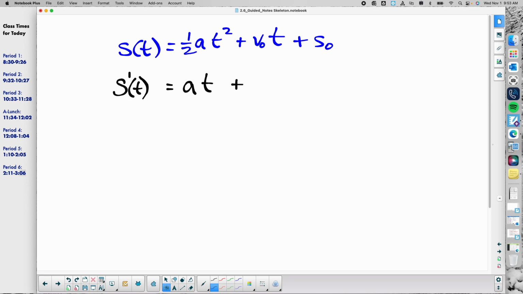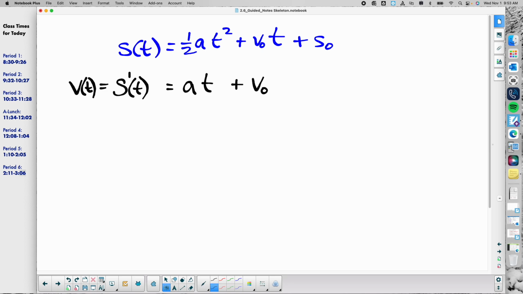The derivative of 5x would be 5, so the derivative of V0t is V0. Derivative of initial height would be 0. So this is position or distance, whatever you want to call it. This would be the change in distance, which is the velocity formula. So this is kind of how they came up with the velocity formula.